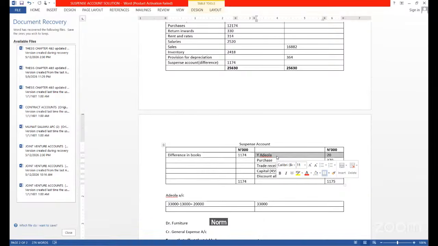You debit furniture account, then credit cash account, or the person you bought it from, if it was on a credit basis.